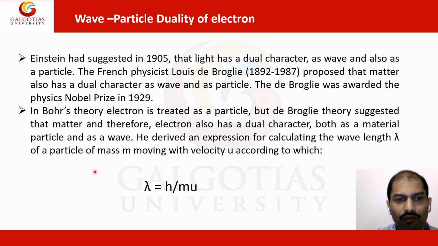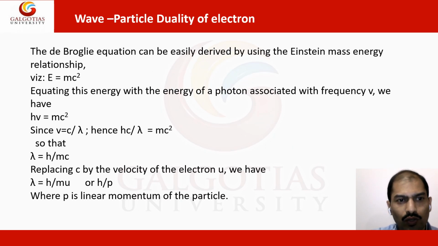For a particle of mass m moving with velocity u, according to de Broglie, lambda equals h upon mu. If you see, you can simplify it. The de Broglie equation can be easily derived by using the Einstein mass-energy relationship.